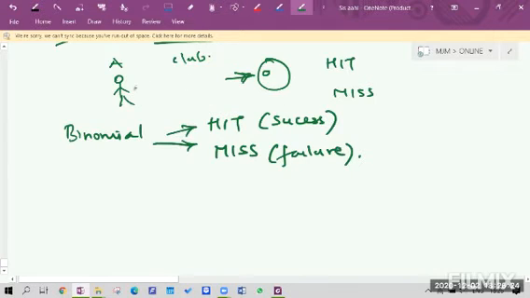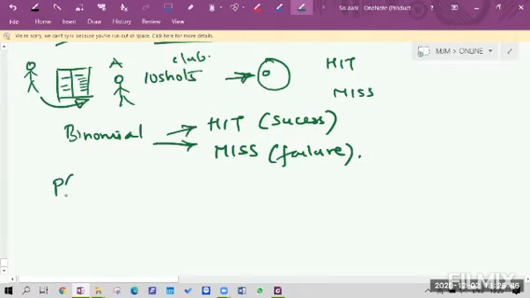Every day, she fires 10 shots, and a register is maintained at the club which gives a reading of every day. On a particular day, a friend of Ashi comes along with her and asks, what is the probability that you will hit 6 shots? You'll fire 10 shots, but you will hit exactly 6 shots.